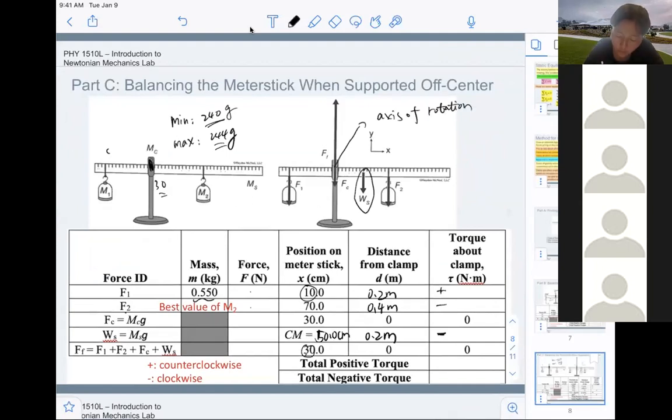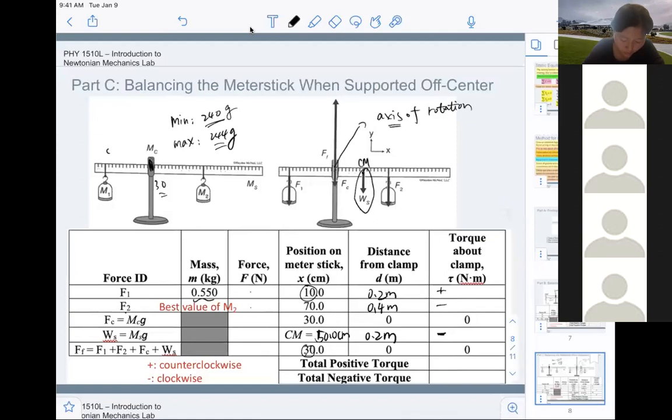But your weight is always acting through the center of mass of the meter stick. And you can see that if you move your axis of rotation off center, the weight of the meter stick now does provide a torque, right? So that is the only thing that's different. Everything else is the same.